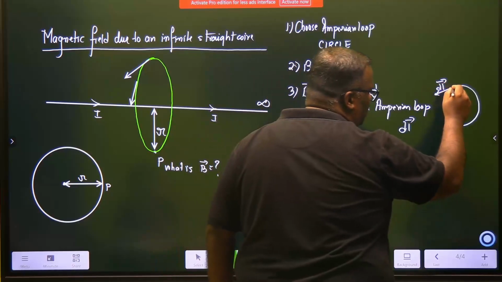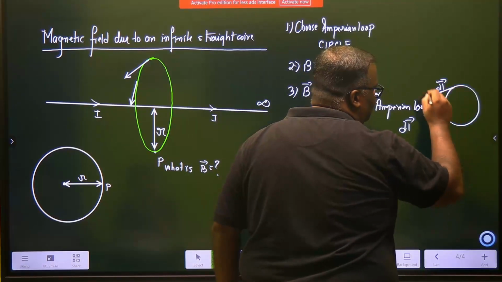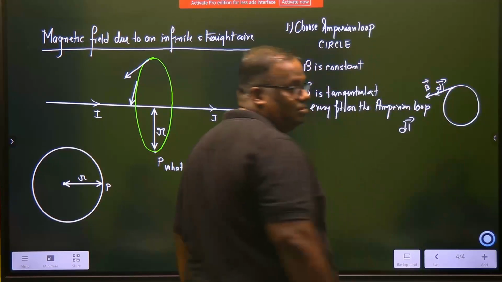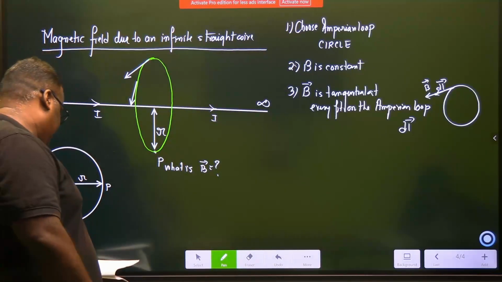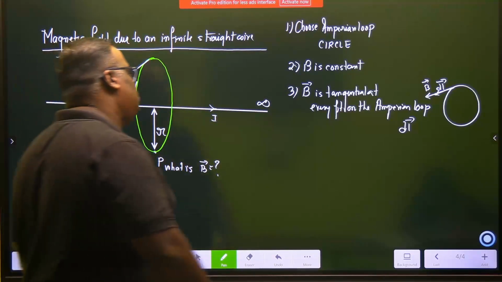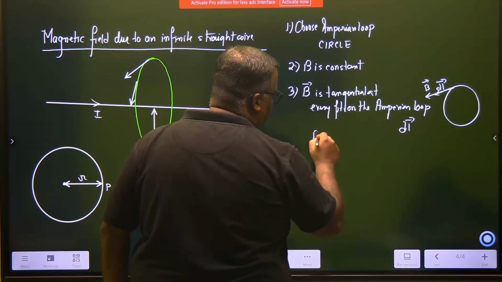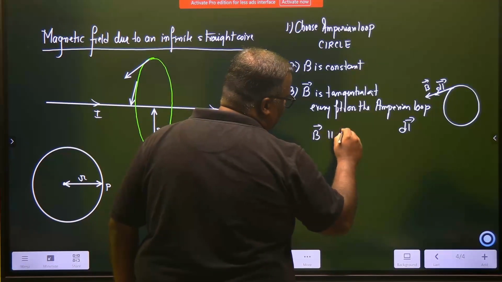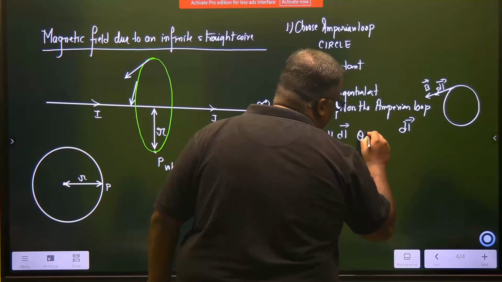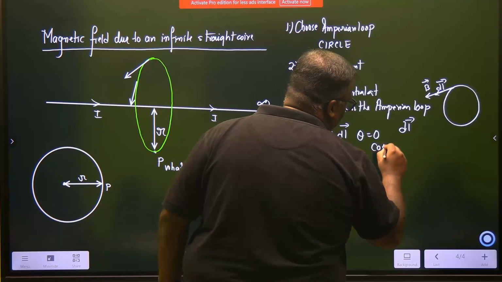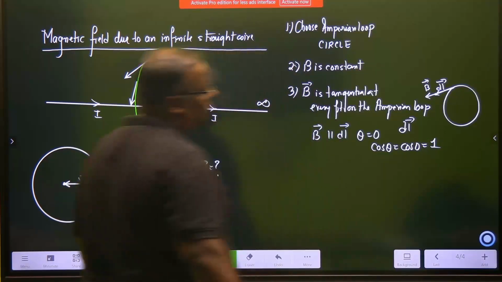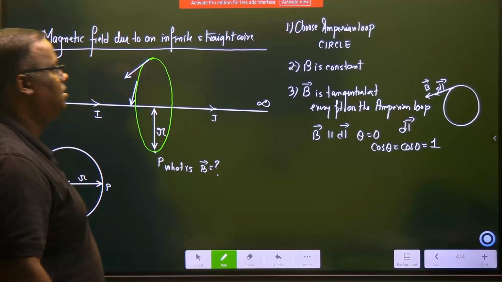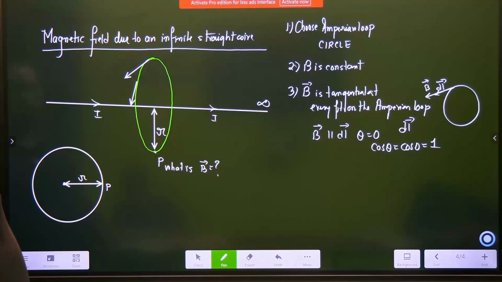Means at this point, if I try to look at B, the B is also in this direction. Our job is done. That means you can write B is parallel to dL vector. Theta is equal to 0 and cos theta is equal to cos 0, which is equal to 1. Clear?